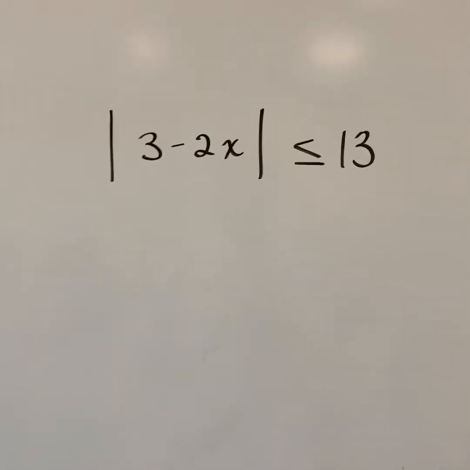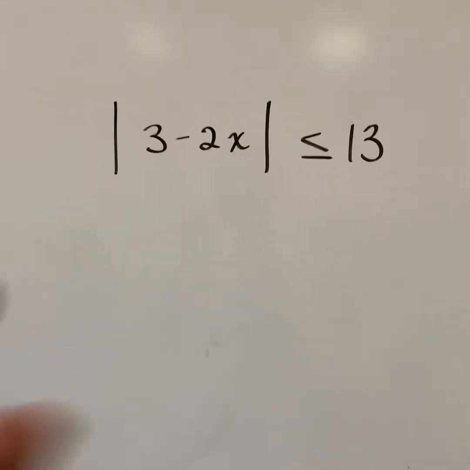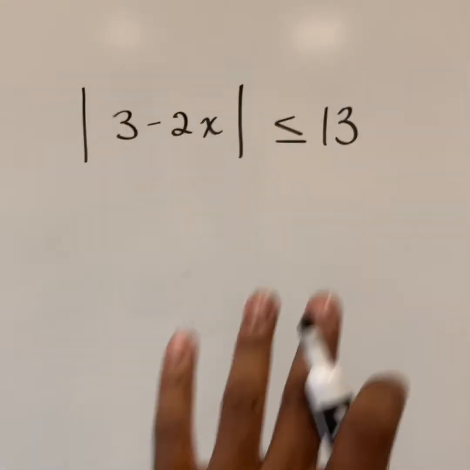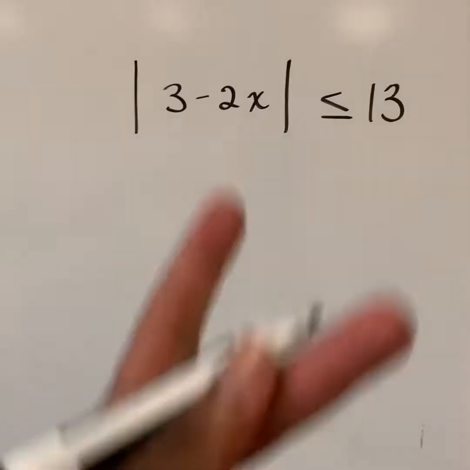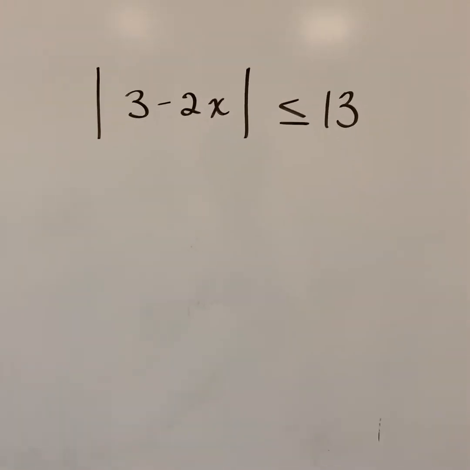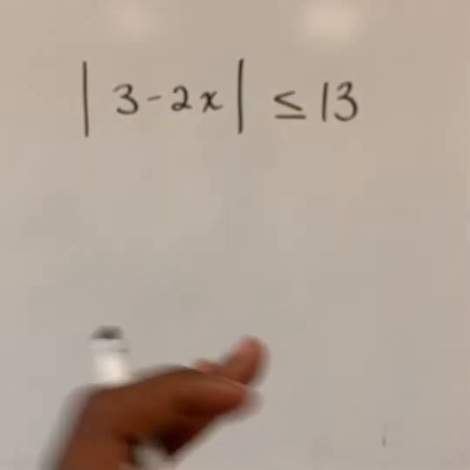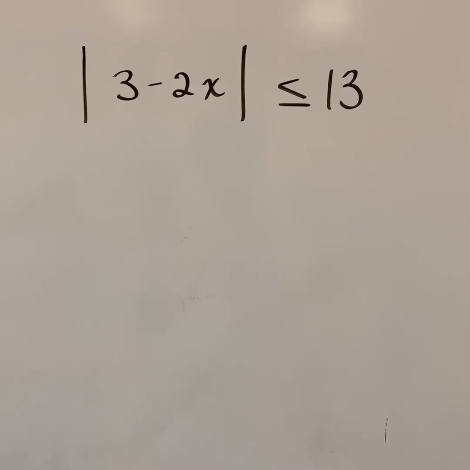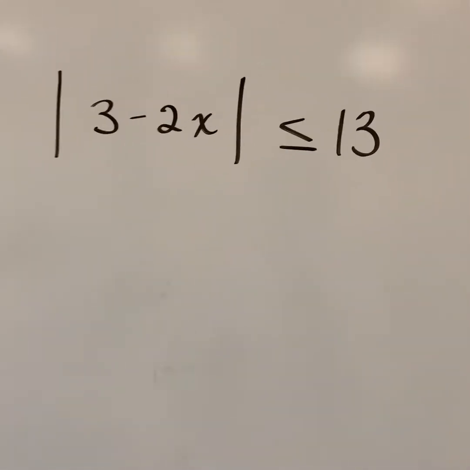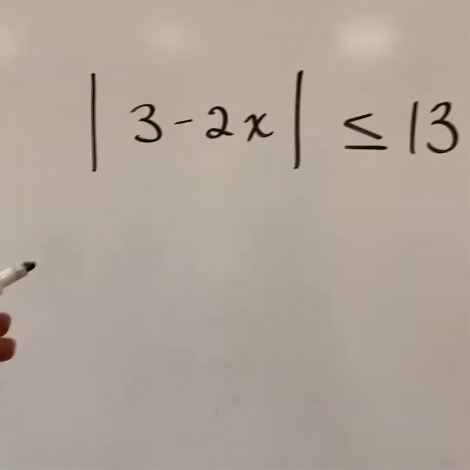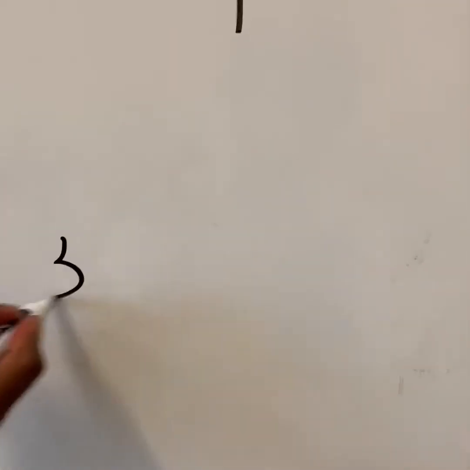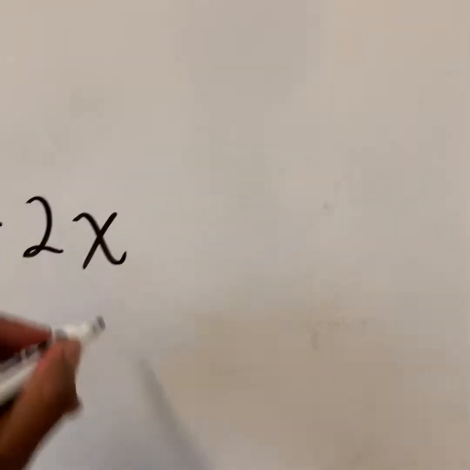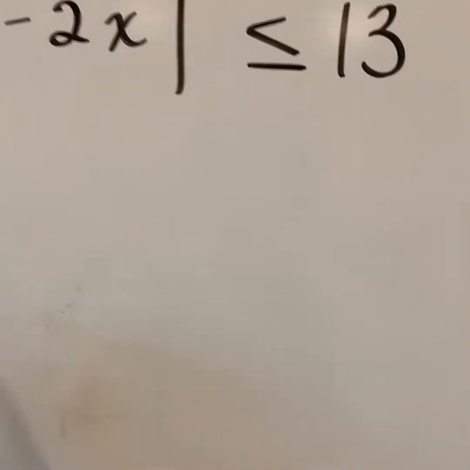All right, so kind of like we talked about before, when you have an absolute value and you set it equal to something, there's two possibilities, right? Now, this is an inequality, but that is where it is still similar. So what that really means is we have to think about, okay, what happens if I have a 3 minus 2x and it's less than or equal to 13?